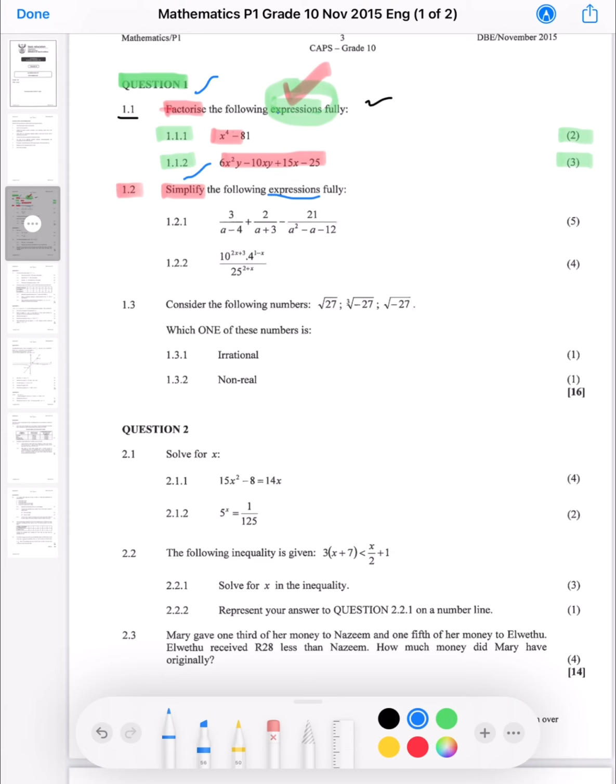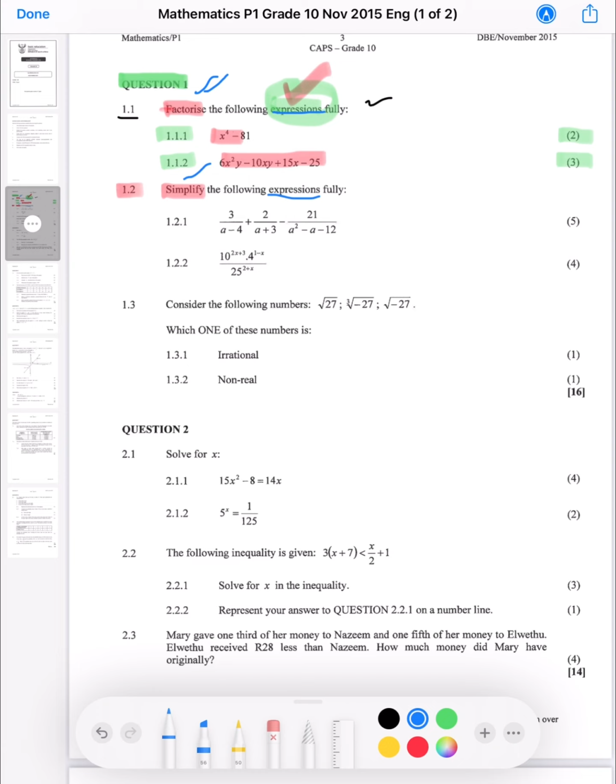Also there we factorized expressions, but it doesn't necessarily mean that at all times you will be factorizing expressions. You can still perform a factorization on an equation, which means you will need to understand exactly what an equation is. Very much important, ladies and gentlemen, that you fully understand what we are dealing with over there.